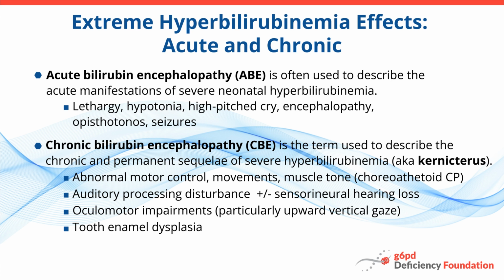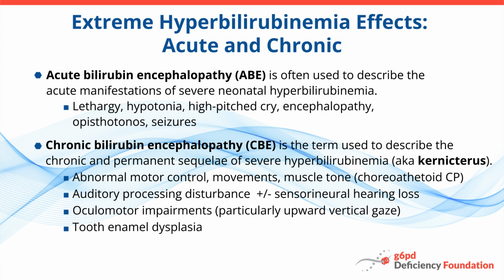When chronic and permanent sequelae of extreme hyperbilirubinemia are observed, such as choreoathetoid cerebral palsy, developmental delay, hearing deficit, ocular motor disturbance, especially upward gaze, dental enamel dysplasia, and mental deficiency, the term used to describe this condition is chronic bilirubin encephalopathy, or CBE.